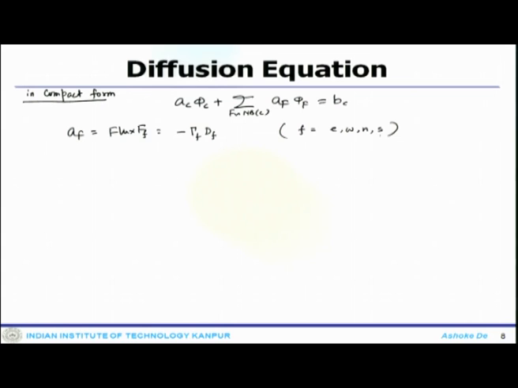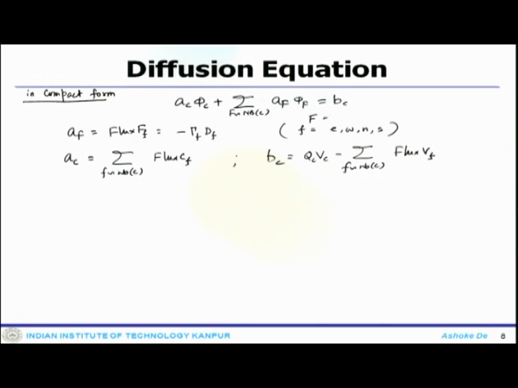That is how AC is summation over small f of flux CF, and BC would be QC VC minus summation over small f of flux VF.